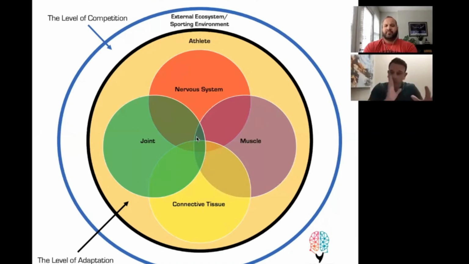You move that into a joint, the joint ecosystem. The ability to create space in a joint and train a joint is dependent upon nervous system output. So now that maximum strength, that force output ability, can be funneled into creating more workspace in a joint. Why is that important?